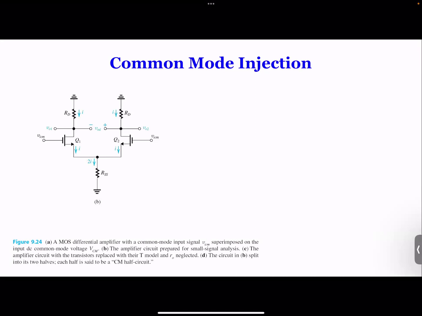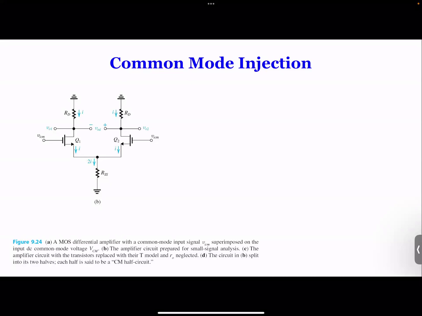So now what we're going to do is draw the currents in this circuit. In the MOSFET, the current flowing in each one is I. When it's symmetrical, again, we're talking about symmetrical, we're not talking about the mismatched device yet. So each current is I, and there's 2I here, and then you have I on each side.